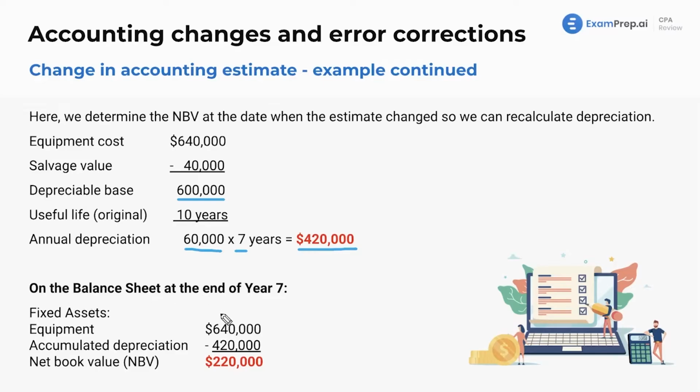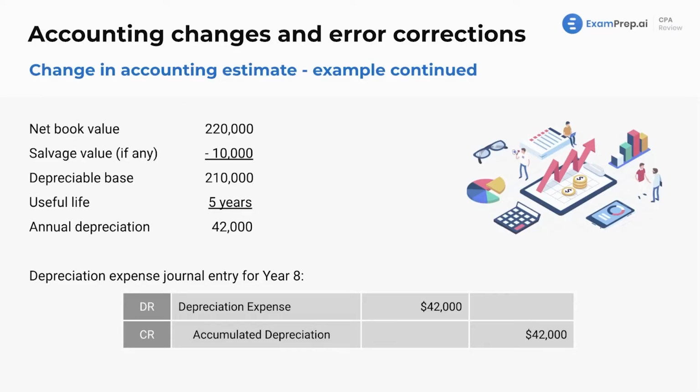Well, at the end of year 7, this is our net book value, our carrying value. So this whole slide is just showing what has happened so far. You need to calculate what has happened so far in order to continue onward and see what we should do in the future. Now that we went through and completed the numbers prior to the change in estimate, let's see what we continue to do going forward.